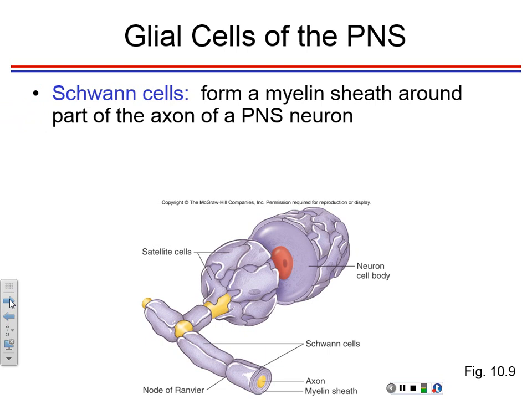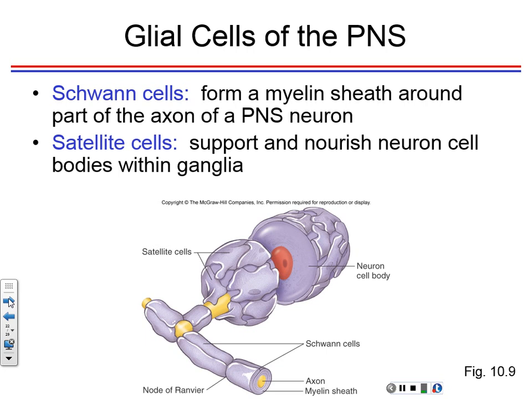So Schwann cells. Now we move to the periphery, right? We've done the four in the central nervous system. Now we're going to the periphery, and Schwann cells form the myelin sheath in the periphery. So they're the same as the oligodendrocytes in the central nervous system that make up the myelin sheath as well.